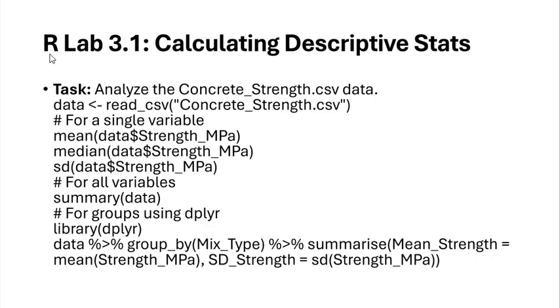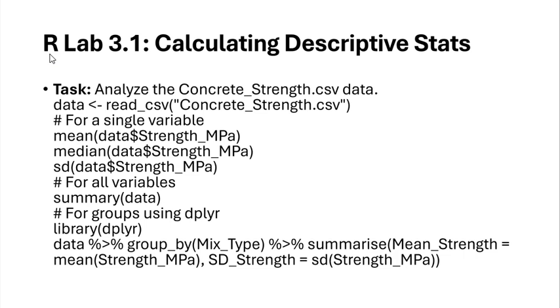Okay, you have this data, right? We used it last time, the same data set. For example, if you want to calculate the descriptive statistics for this data set, what descriptive statistics are we calculating? We are calculating mean, median, and SD, standard deviation.